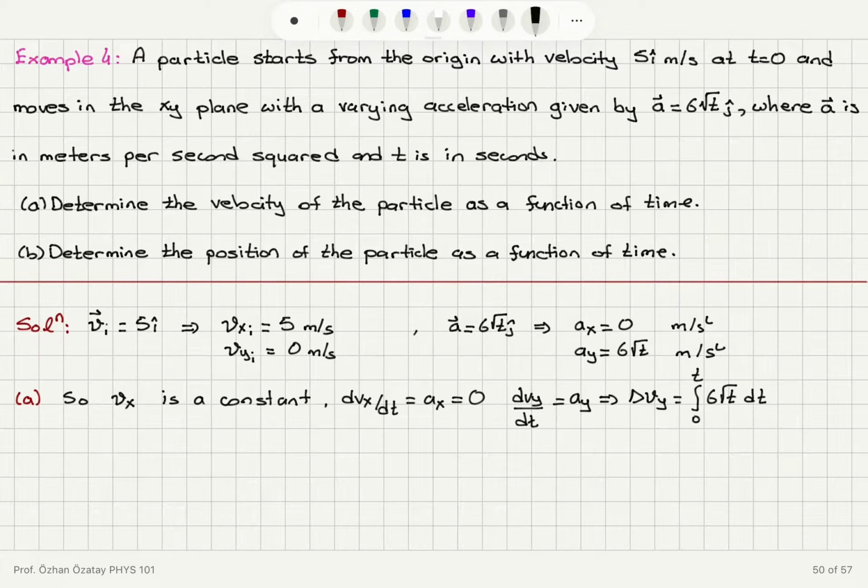So that is going to give me a delta vy, which is vy at time t minus vy at time t equals 0, the initial y component. Because at t equals 0, I have 0 y component, I can conclude that this is vy of t, and that is 6 divided by 1/2 plus 1, t to the 1/2 plus 1, which is 3/2.